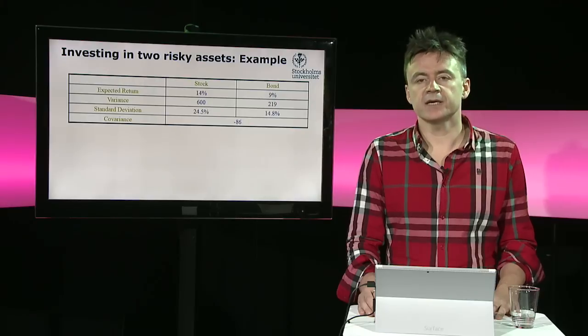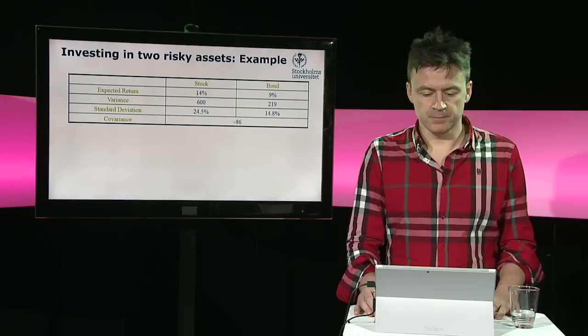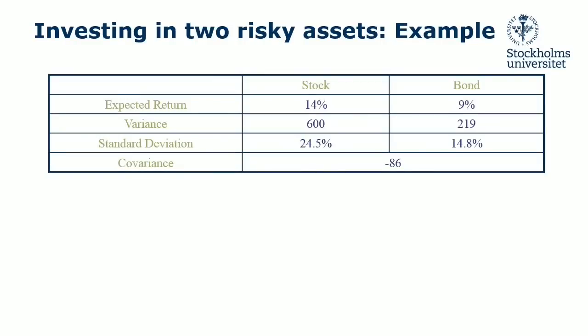Suppose that the expected return of the stock is 14%. Suppose that the expected return of the bond is 9%. Their variances are 600 and 219 respectively. And their standard deviations are 24.5% and 14.8% respectively.